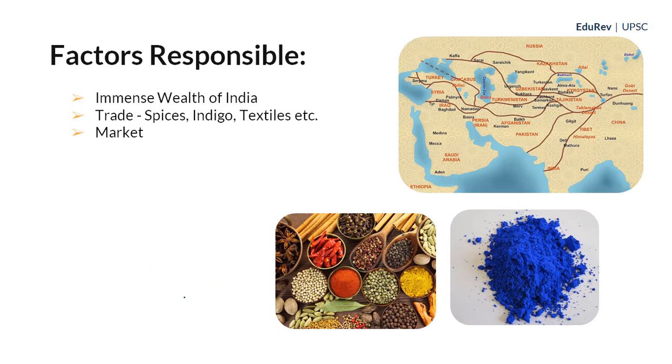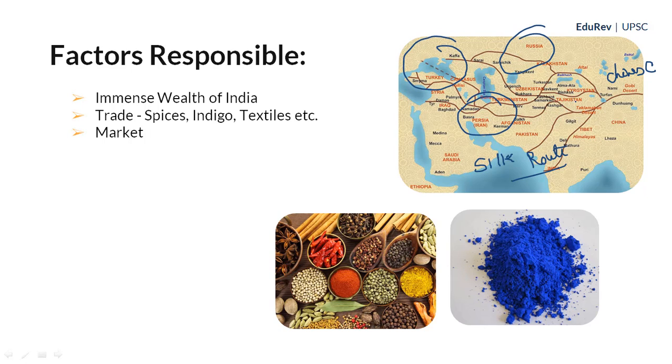What are the reasons? See, by then India was known for its immense wealth, because you might have heard about the Silk Road. This is a traditional road used by Chinese travelers to sell their silk, which is in high demand in European and Central Asian nations and West Asia.